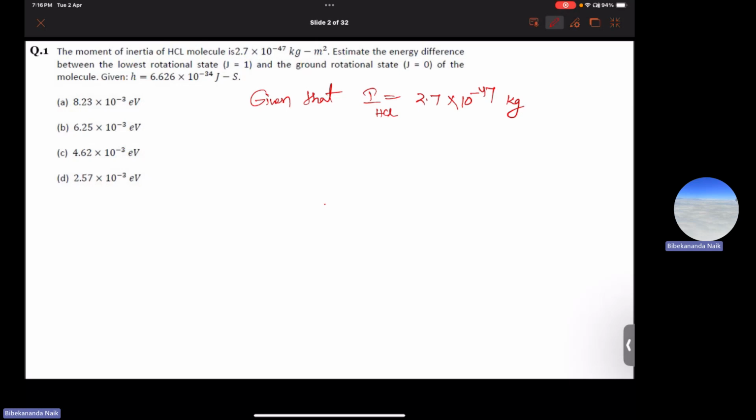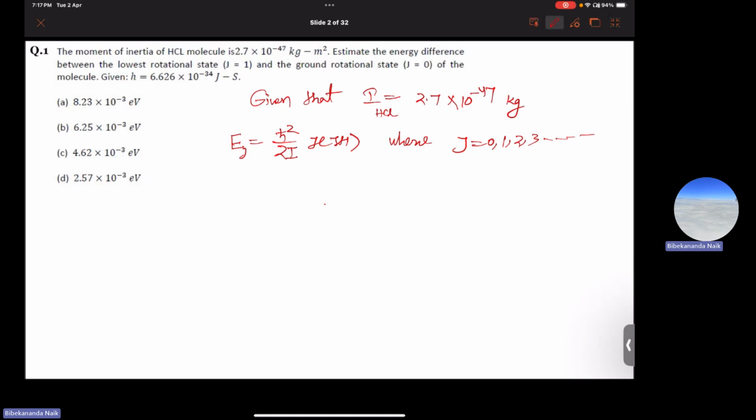So what is the expression for rotational energy of a molecule? We know the rotational energy of a molecule is given by E_J, where J is the rotational quantum number. E_J is given by h cross square divided by 2I, J into J plus 1. So the energy corresponding to the J level depends upon the value of J and J plus 1, where J stands for 0, 1, 2, 3, and it goes up to higher values.